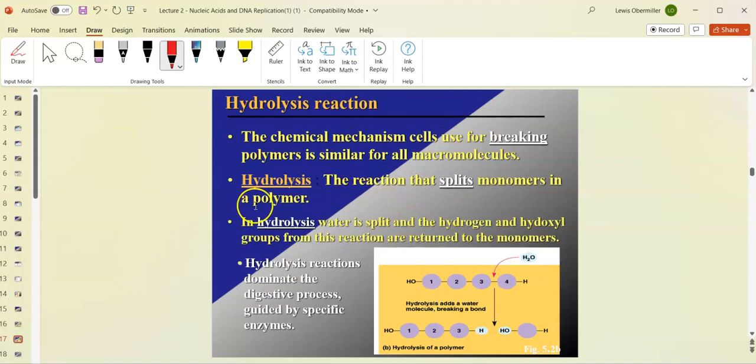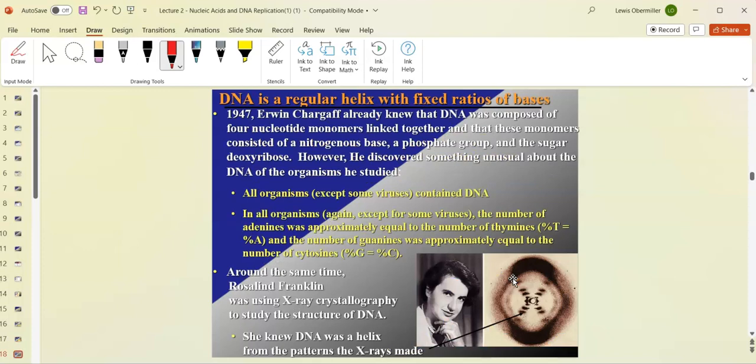So the mechanism to break polymers is adding water. To break down a polymer, like what goes on digesting your food in your stomach or your mouth, you add water, and that's hydrolysis, right? So using water to break apart. Lysis is break apart. All right. So yeah.